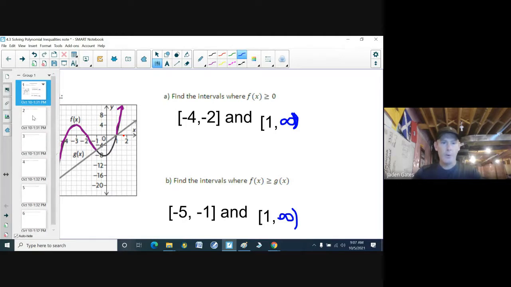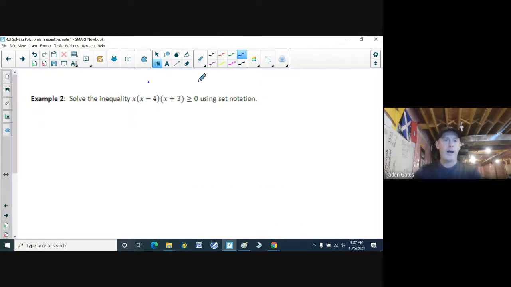All right, so number 2. So now this is, like I said, building on all the skills we've learned so far. And so I've kind of done the first step here in example 2, where I want to solve this inequality. Now, this polynomial function has already been factored, and that in fact is going to be our first step when we get a polynomial that isn't factored.